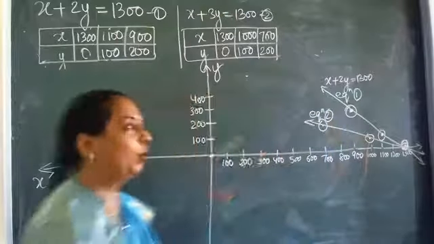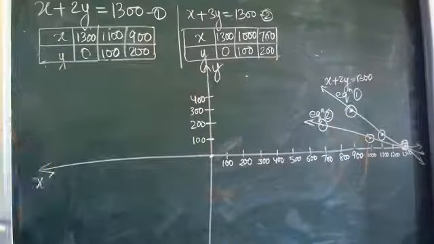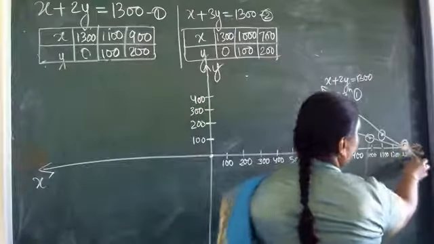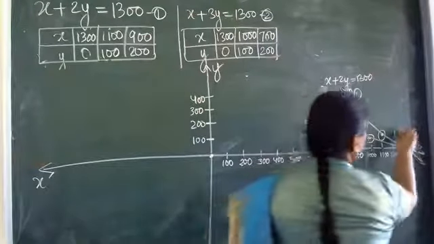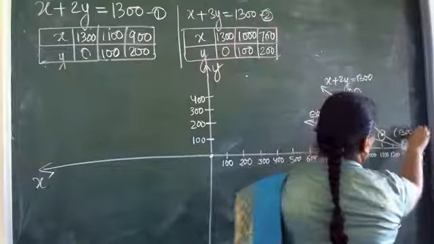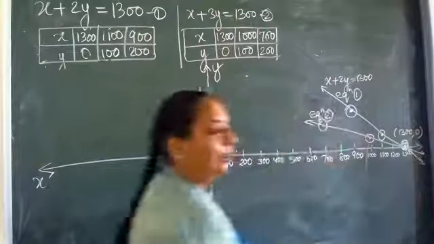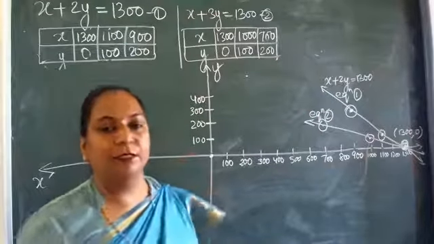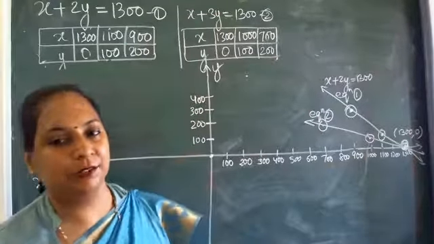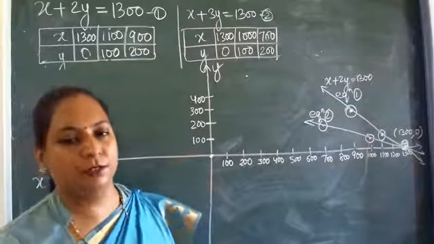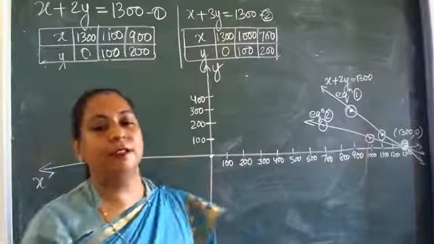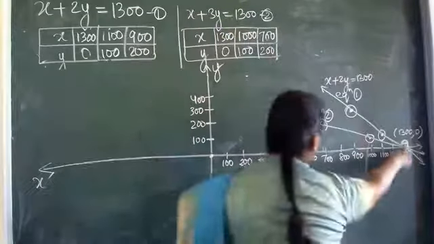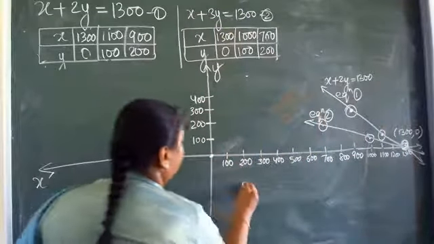Now see, both the linear equations have a common point, that is 1300, 0. This is called a unique solution. When two lines intersect each other, we have a unique solution, which means the point of intersection of two lines is called the unique solution.